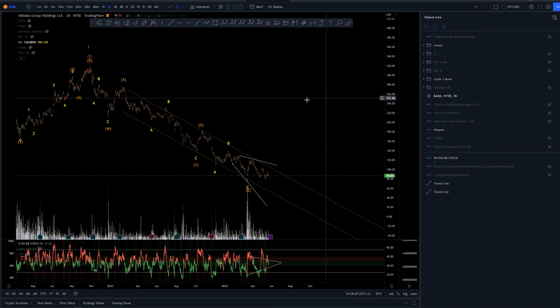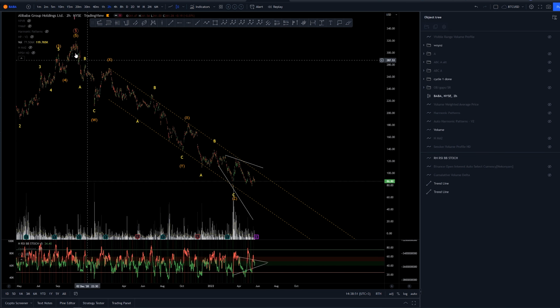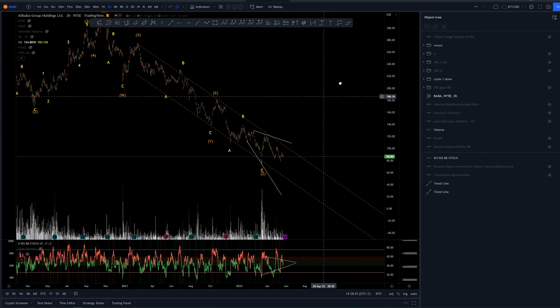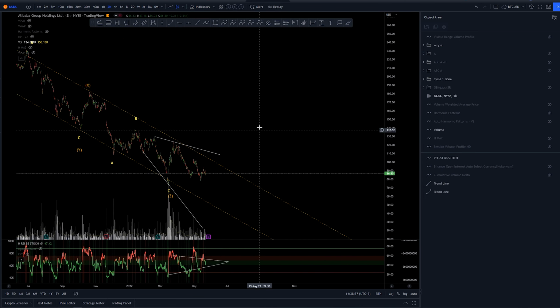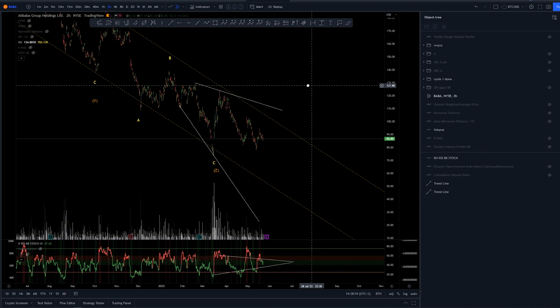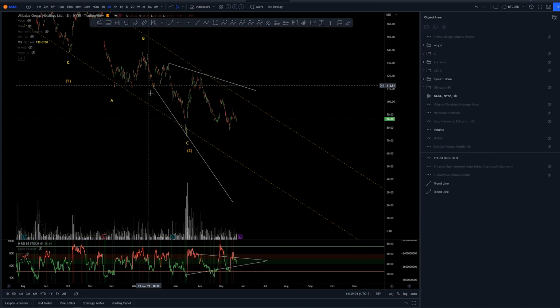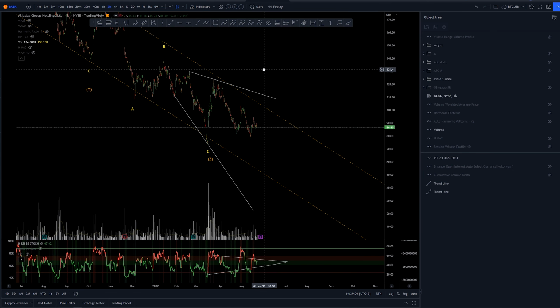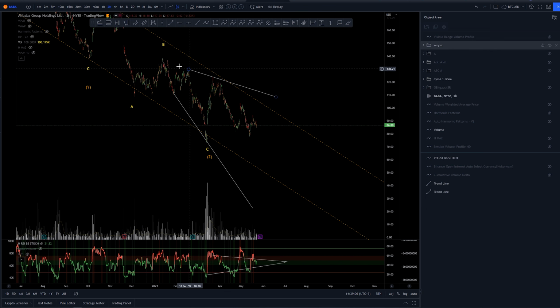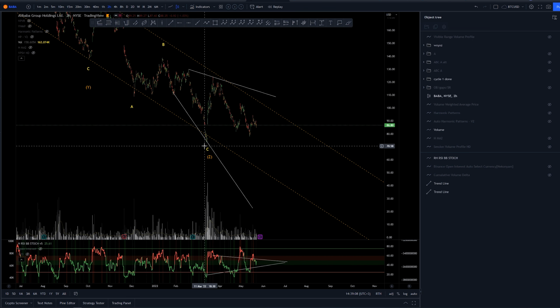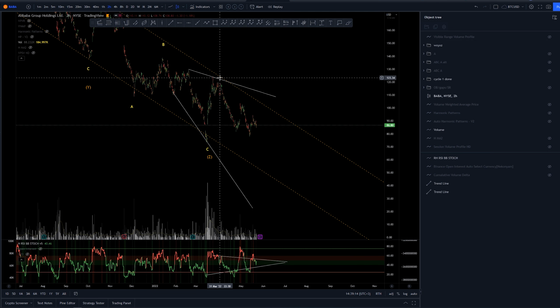The last one that I wanted to present is this one, where we have a W or possible W, X, Y, X and Z wave. Again, whether it is done at the moment or not, we could be playing the same scenario as on the other one, saying that this could be done here, and related to that, the volume bump here could indicate a bullish scenario.